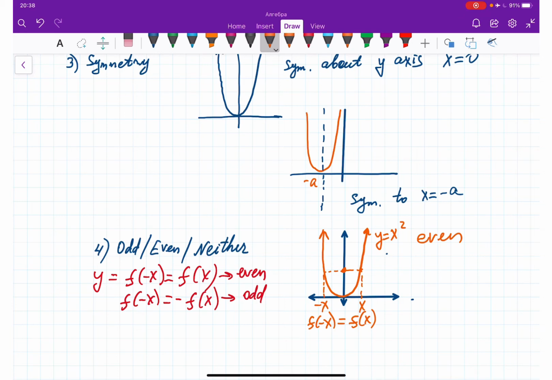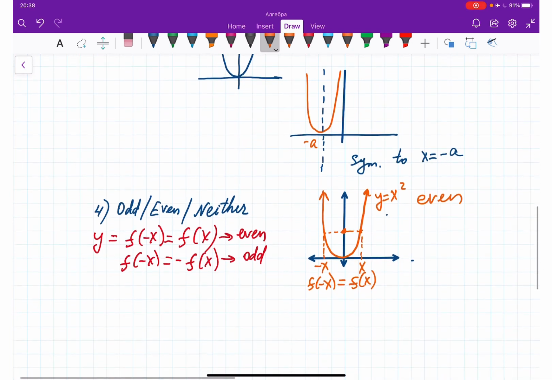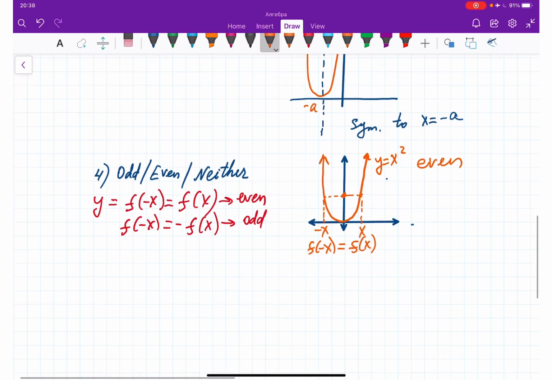So the function is even when it is symmetric about the y-axis. All right?